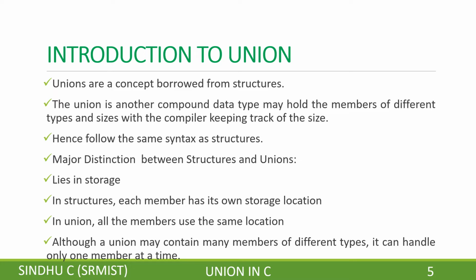In structures, each member has its own storage location, but in union, all the members use the same location. Although a union may contain many members of different types, it can handle only one member at a time. That is the significant difference between a structure and union.